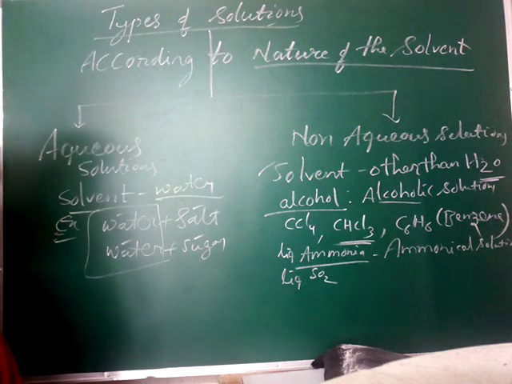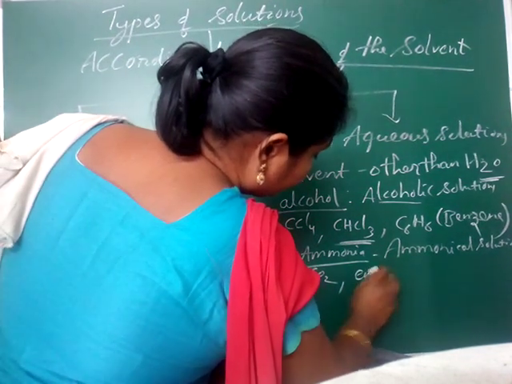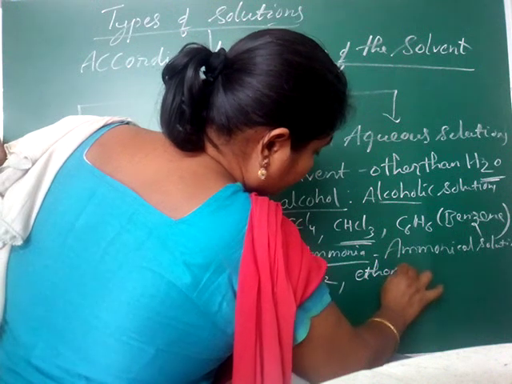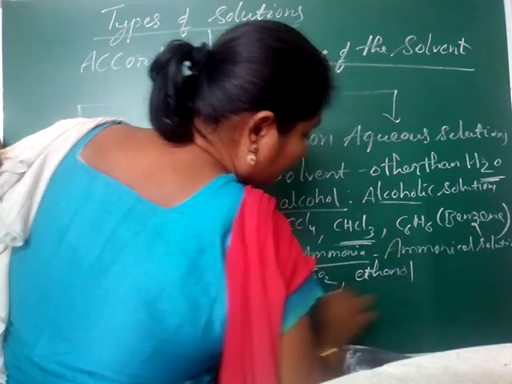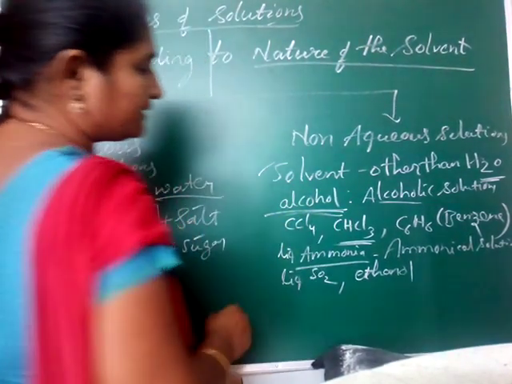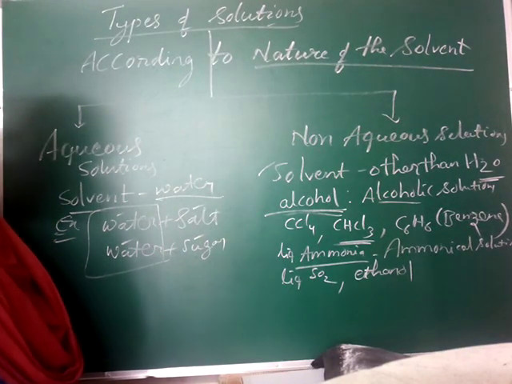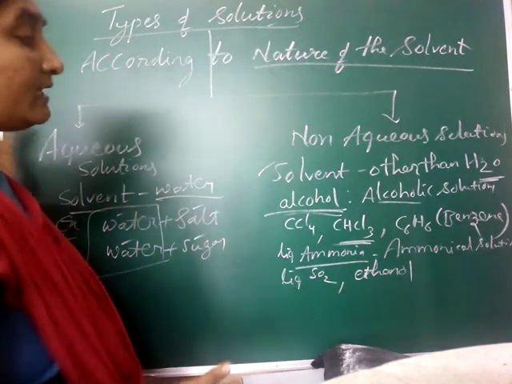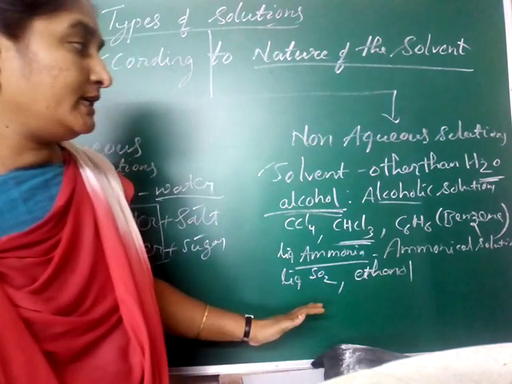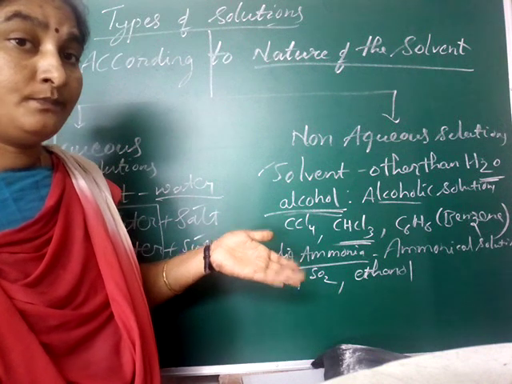Ethanol also may be taken, that is ethyl alcohol, which we already discussed. Ethanol and ether, ether also may be taken as a solvent. There are many examples like this, but we don't know about them. But non-aqueous solutions are also present around us.